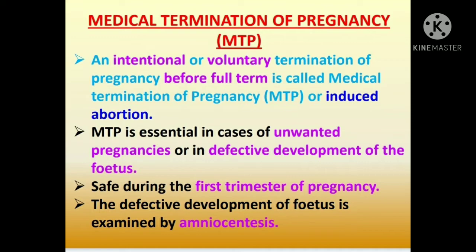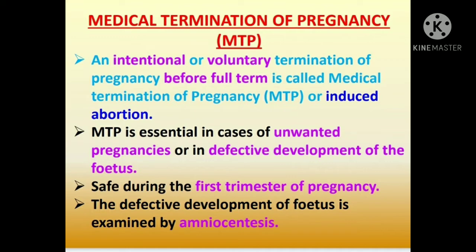It means that when any defect is seen in the fetus during the nine months of pregnancy, at a certain stage one test is done, and that test is called amniocentesis. Through that test, the specialized doctors come to know whether the fetus is healthy enough or not.